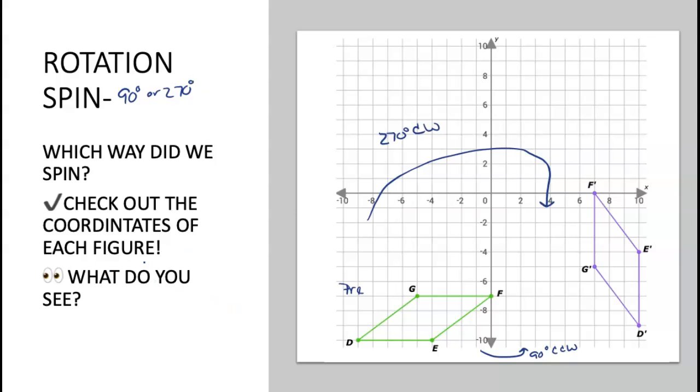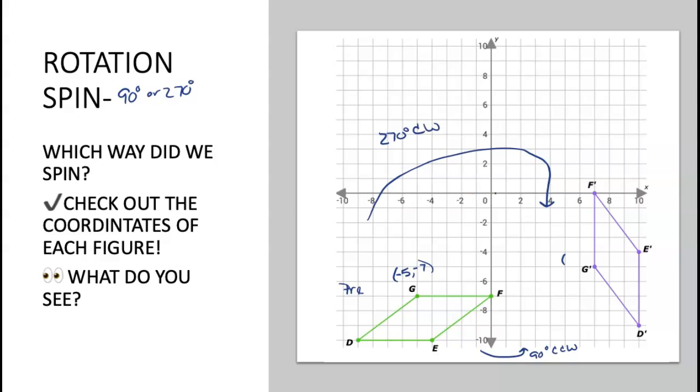Now check out the coordinates. Okay, let's check that out. Let's look at G. I'm going to be here at the G. Let's go ahead and write a coordinate for that. Where are we at for G? Well, looks like we're at the X value of -5 and the Y value of -7. Okay. Well, what about my G over here?